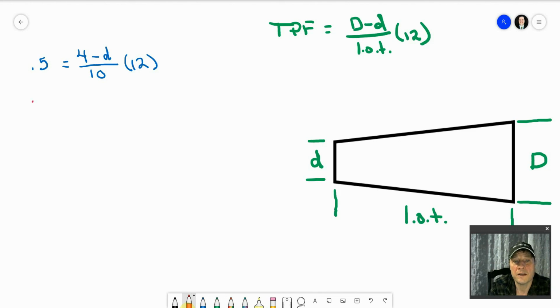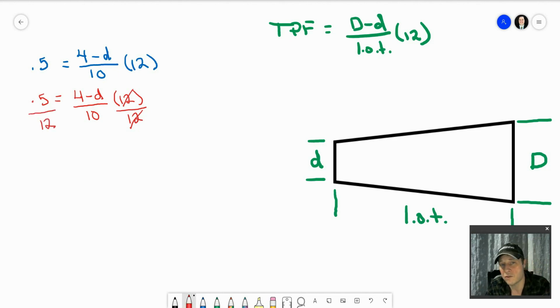So we rewrite this. 0.5 equals, so we want to start moving things around. The easiest thing to move is the multiply by 12, right? So times 12 divided by 12, right? They cancel each other out. But whatever I do to this side, equal sign has to remain true. So I have to divide this side by 12 to make this formula true, right?